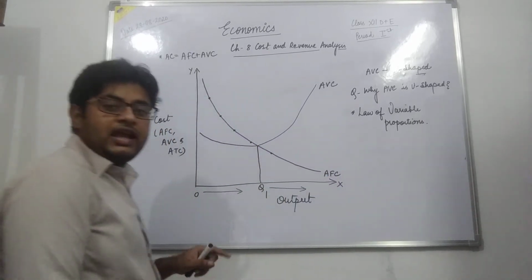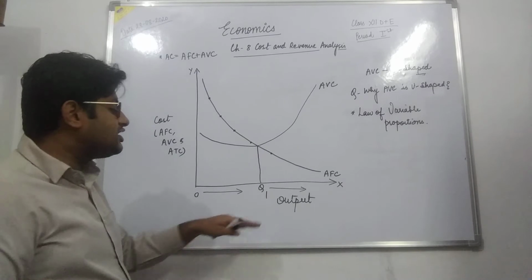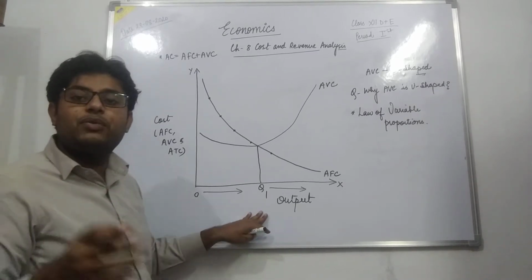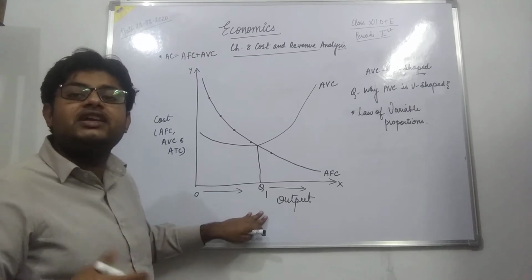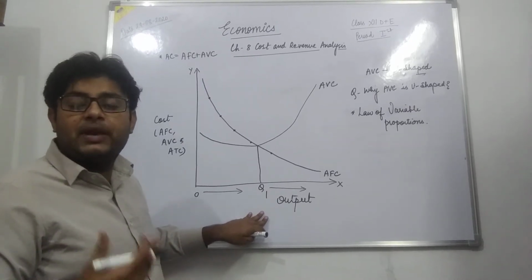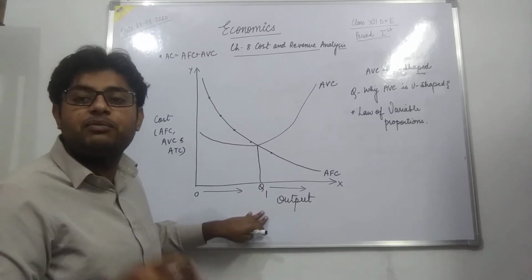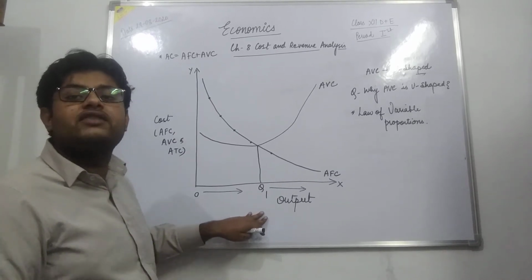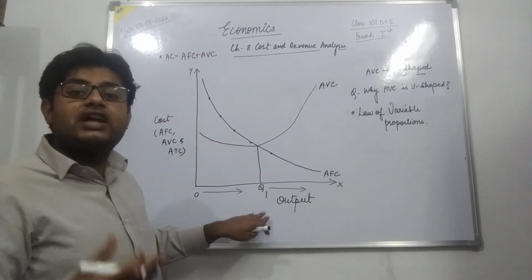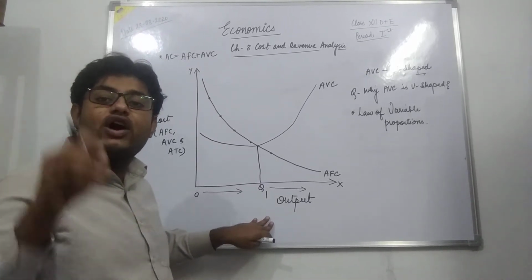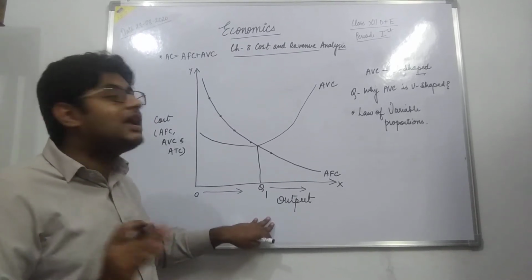I've told you at the initial output level, when the producer is employing more variable factor on the fixed factor, the productivity of the plant increases. And I have told you that when productivity increases, the cost will decline, since productivity and cost are indirectly related.